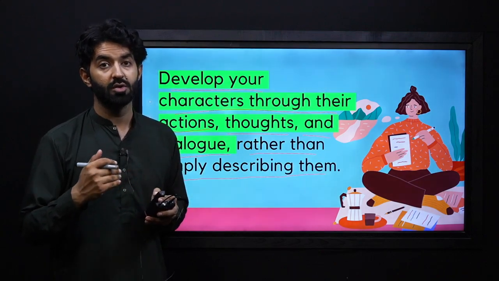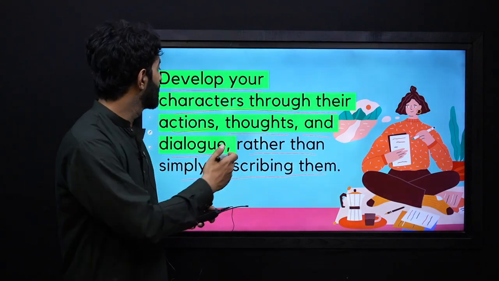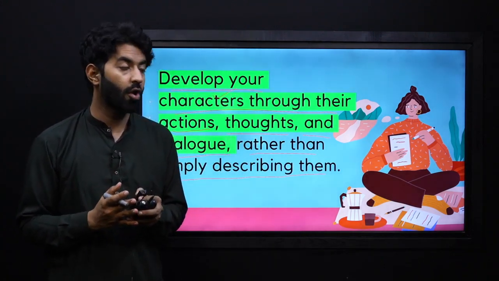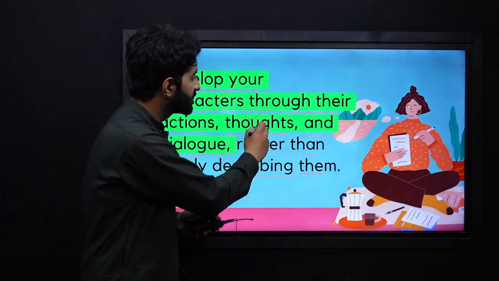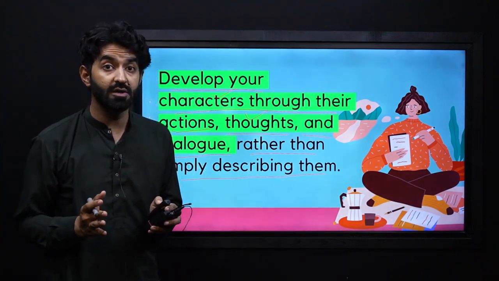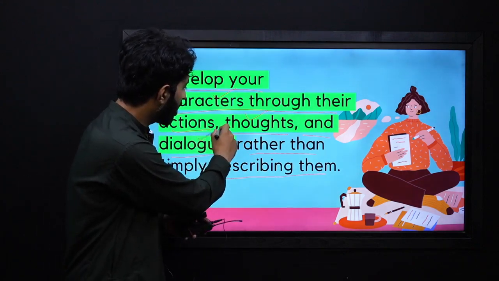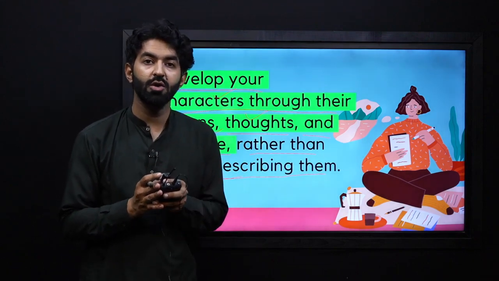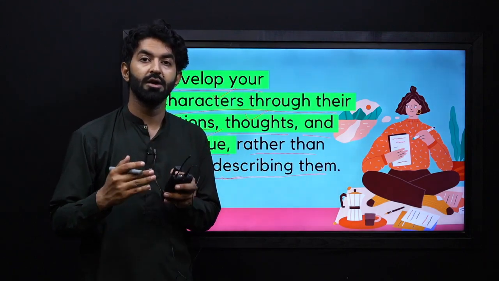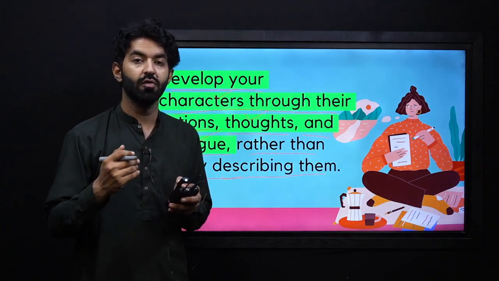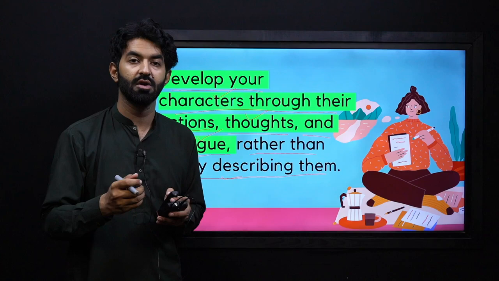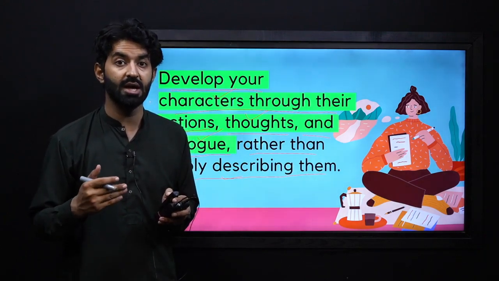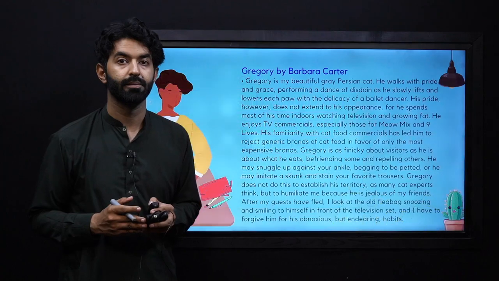You will convey your messages and develop your characters through the actions they are performing, through their thoughts when you are quoting their thoughts in the writing, and through dialogues, rather than simply describing them. You cannot keep on going by describing the character. You will also have to add dialogues and actions to keep those characters coming alive to the reader.